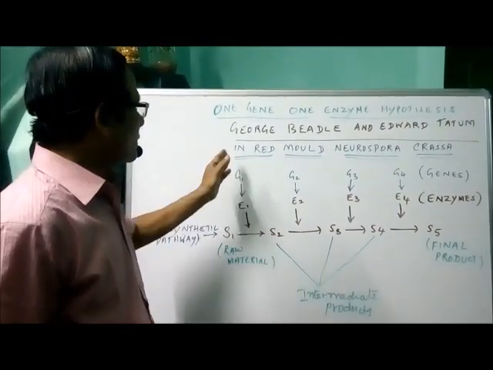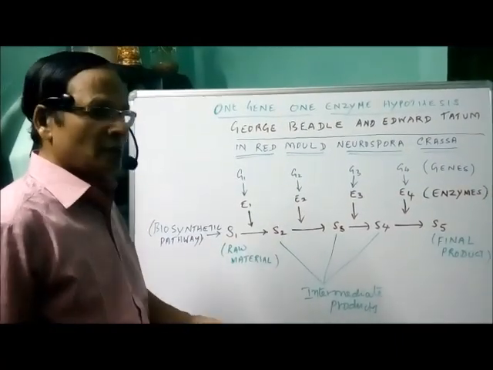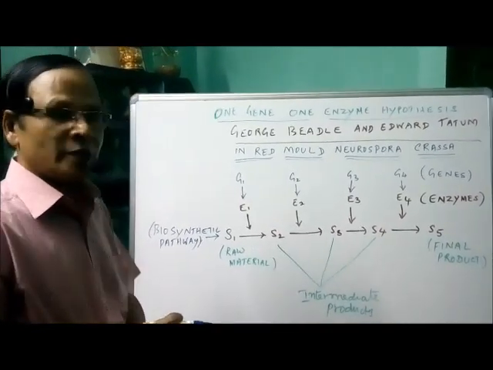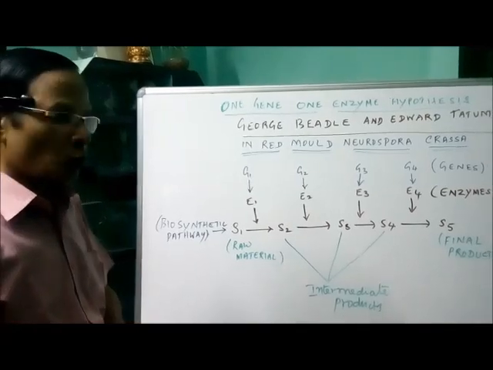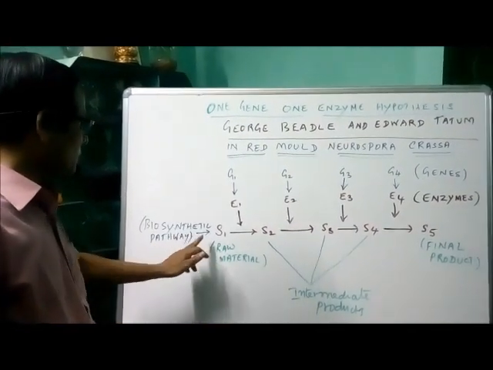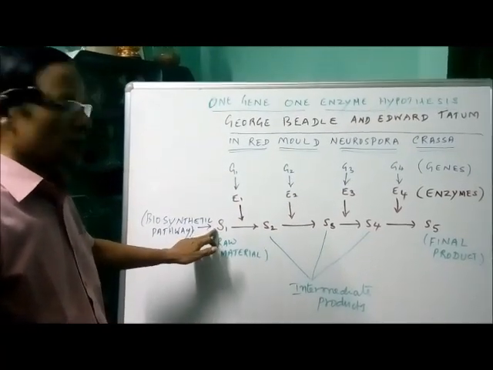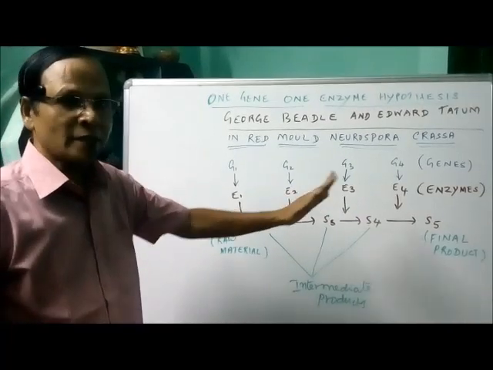Now, before entering the example, for the formation of any product we need a biosynthetic pathway. This is a biosynthetic pathway, which I represented as S1 to S5. Each biosynthetic pathway involves a stepwise conversion of one substance into another.